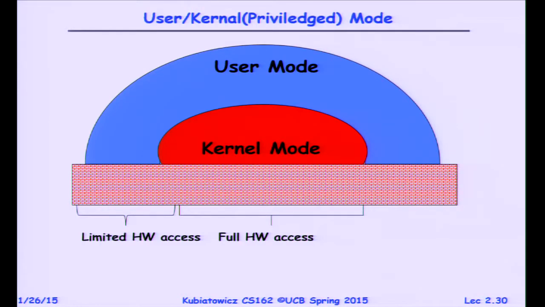The idea is hopefully that somebody spent a lot more time looking at the thing at the center than the code running on the outside. So we're going to make sure that when we get into the red portion, we're executing code that has been vetted very well and gone through a lot of debugging, whereas the user mode code is basically the best stuff you can write, but we're not going to trust you to be perfect.